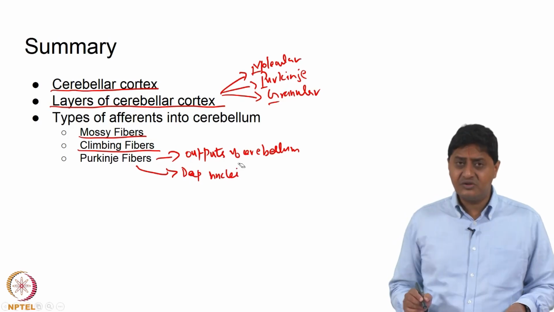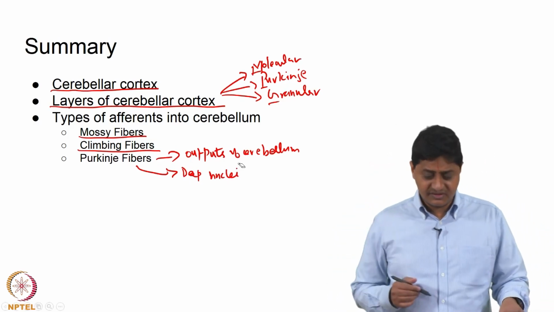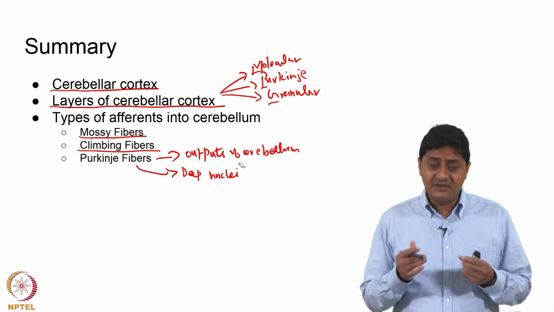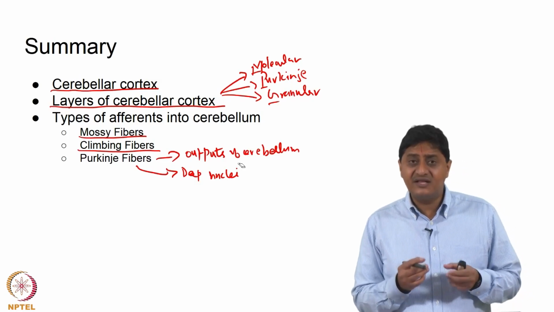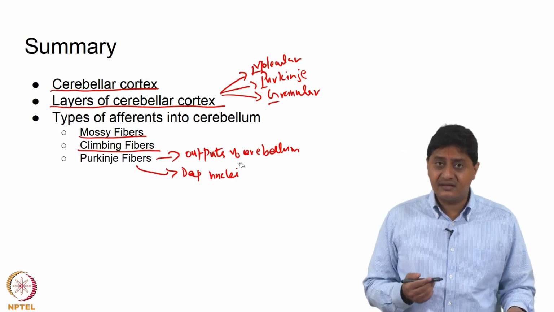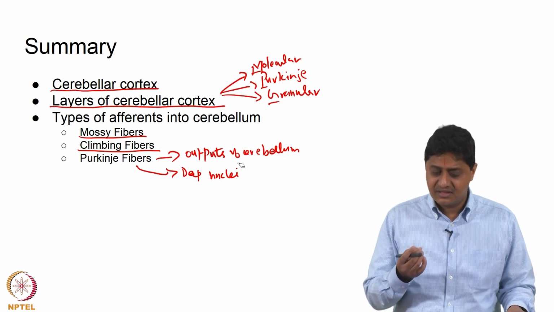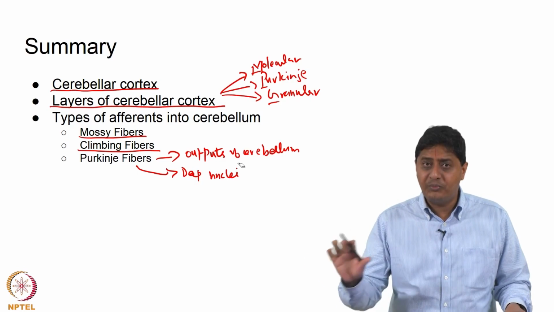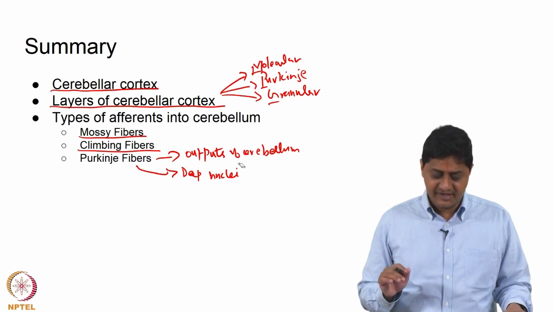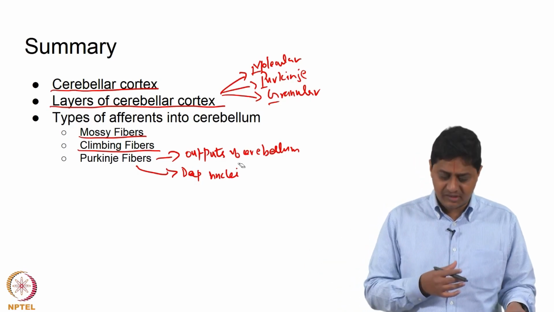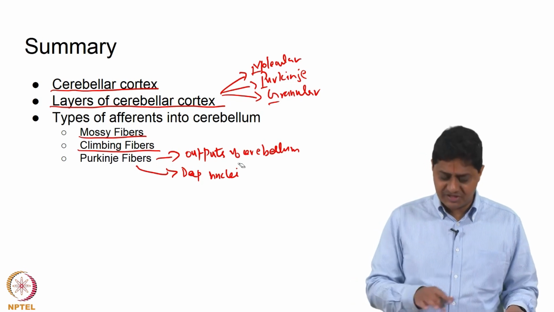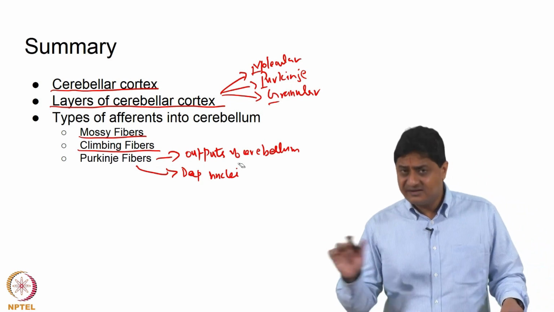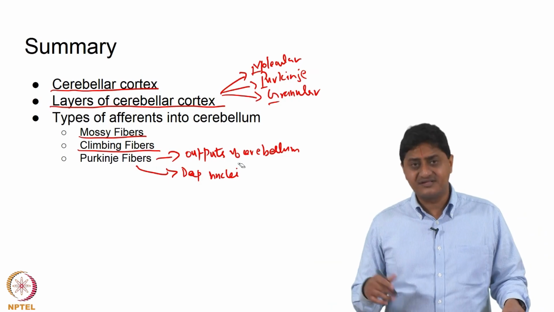Where are these deep cerebellar nuclei? We have not shown that in this picture. Actually the deep cerebellar nuclei are embedded within the cerebellum. These are relatively dense structures that serve as independent nuclei to output information from the cerebellum. We will discuss that and other things in future classes.